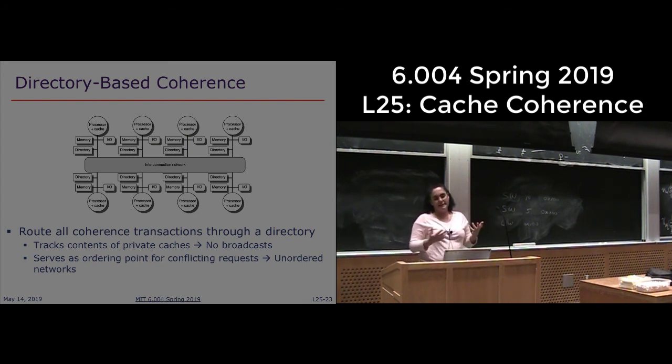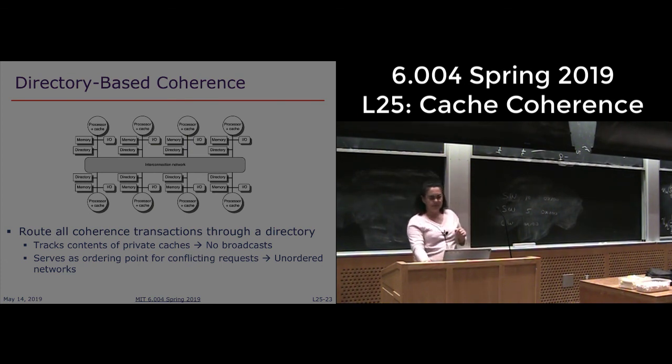The idea is really the same, except that instead of having one shared bus that everybody listens to, you can do point-to-point communication, and each processor is responsible for its portion of the memory and knows everything. So it's essentially a central control for that portion of the memory.